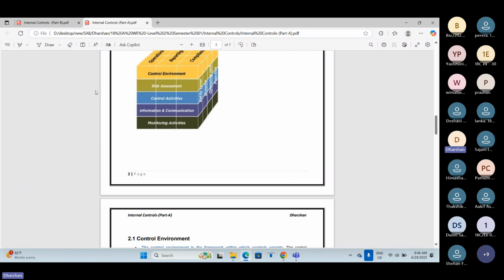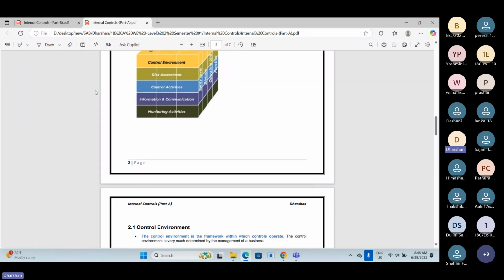Whether effective and efficient internal control can be implemented in the organization. What is meant by effective and efficiency? If that internal control can achieve its intended objective, that achievement is called effectiveness and efficiency of internal control. Clear?